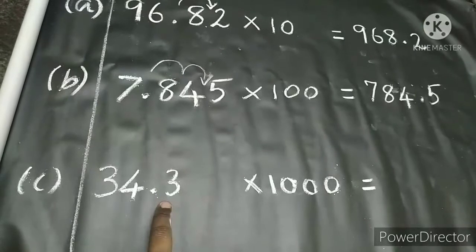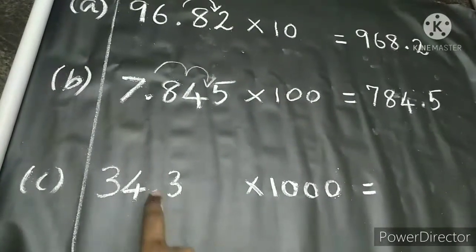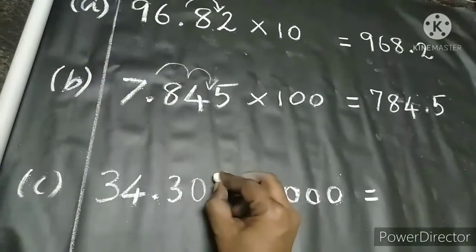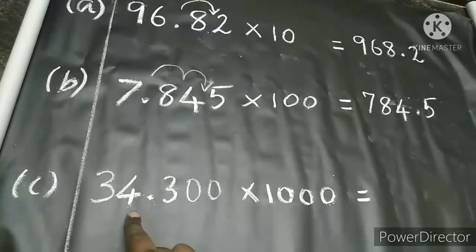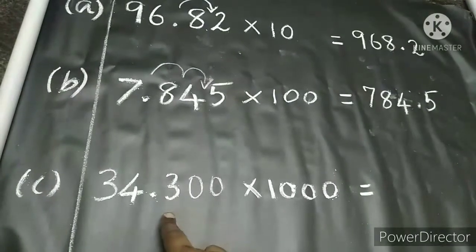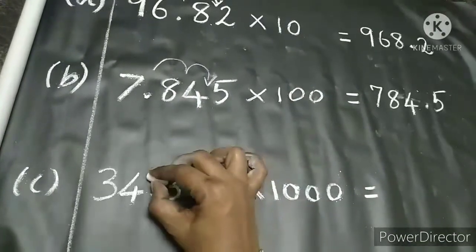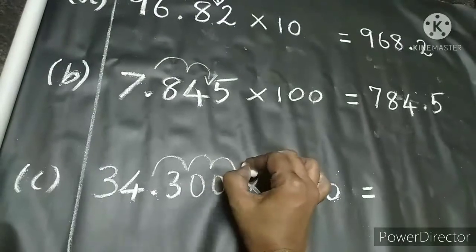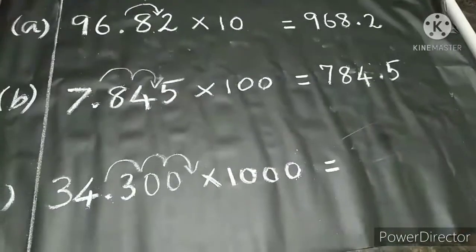After the decimal point, we have only one decimal place. But we have to move three decimal places. So, add two zeros. Now, we get 34.300. Now, let's move three places to the right. 1, 2, 3.